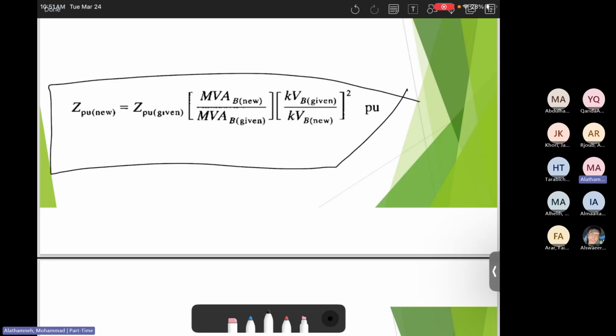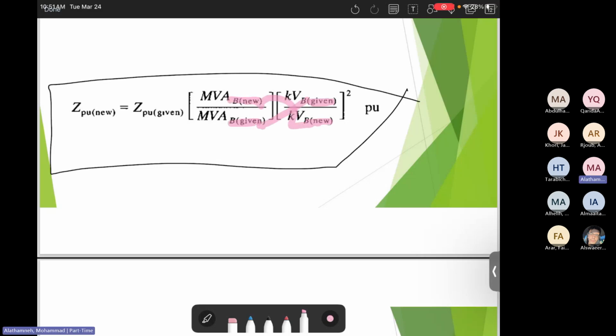So we can say Z per unit new equals Z per unit given times megavolt ampere new divided by megavolt ampere given times kilovolts given over kilovolts new squared. So we can notice that they are the opposite of each other.